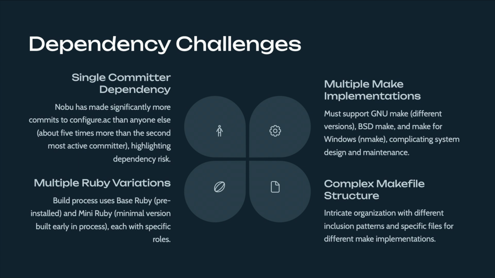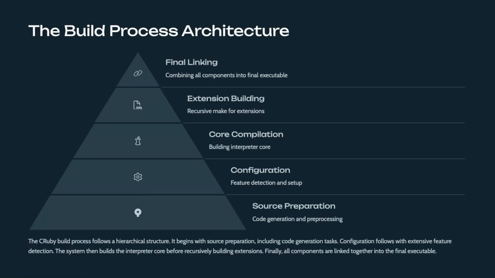Once the makefiles are finally set up correctly, what's the actual sequence of events when make runs? What gets built first? So the build process itself happens in stages. First, it compiles the core of the interpreter, the main C files that make up the heart of Ruby. The essentials. Right. Once that's done, it builds something called miniruby. Miniruby. Yeah. It's a minimal, kind of temporary Ruby executable.